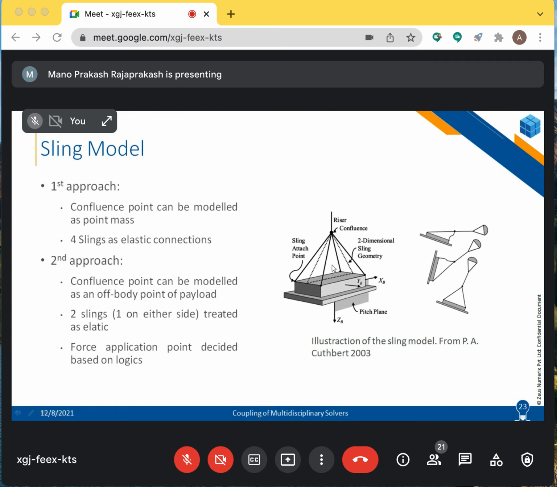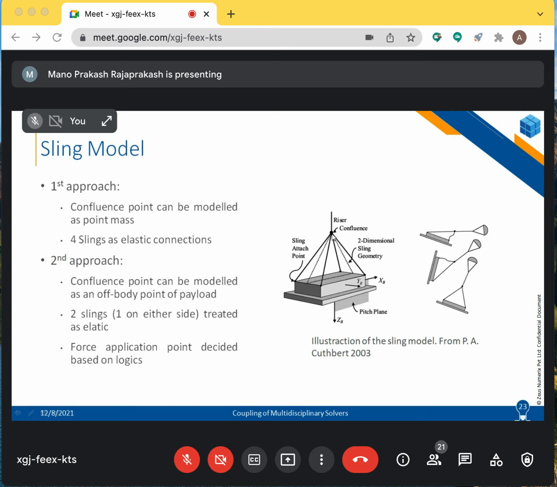This approach is very similar to how we initially discussed modeling the parachute, where the canopy can be separate, this point can be a separate body, and you can have connections between these two. In a similar manner, this problem can be approached in two different ways as per the user's requirement.